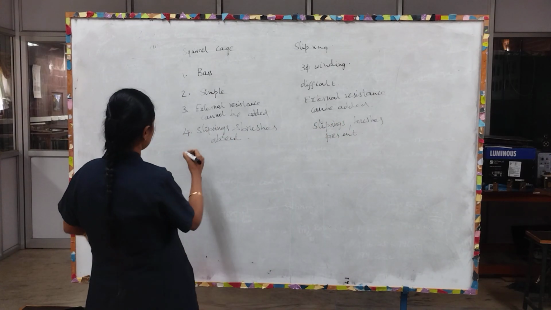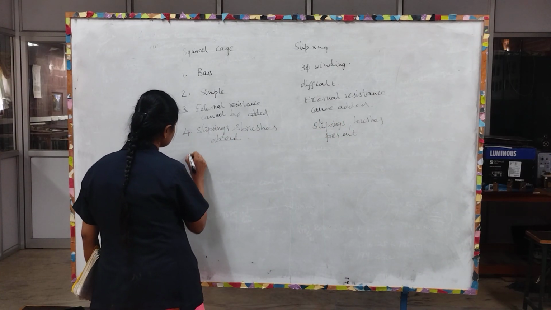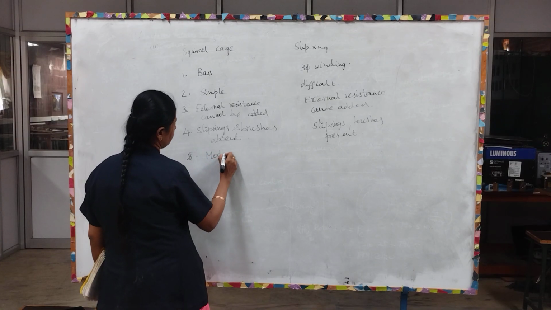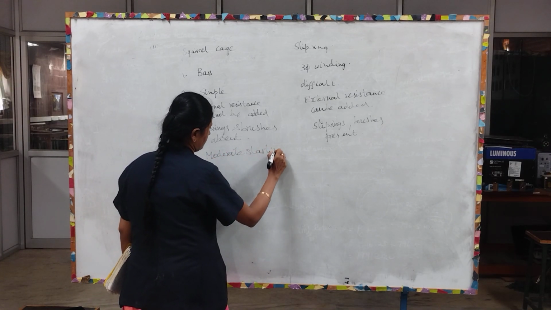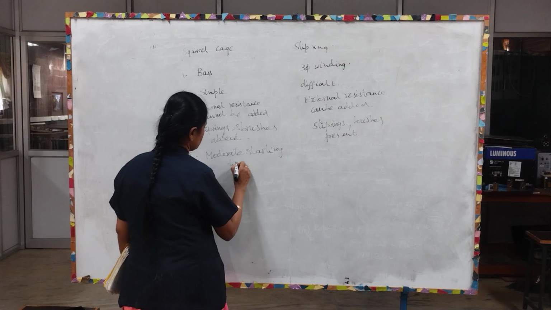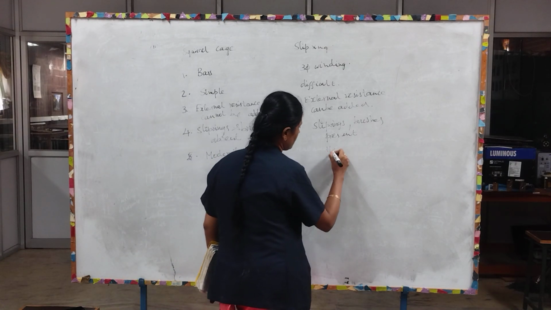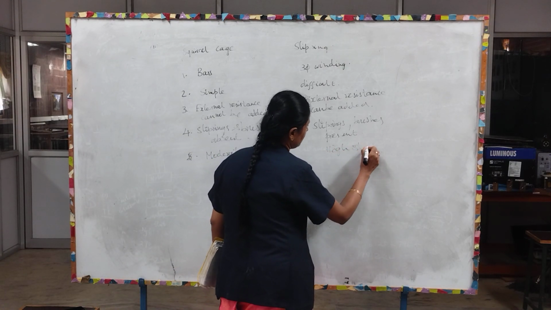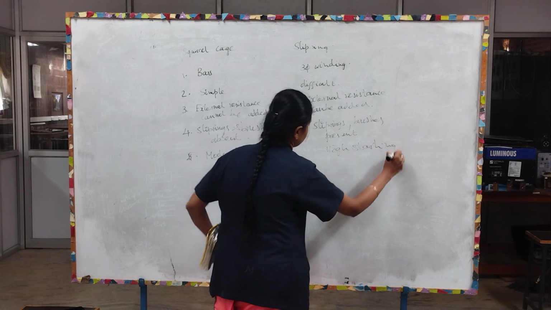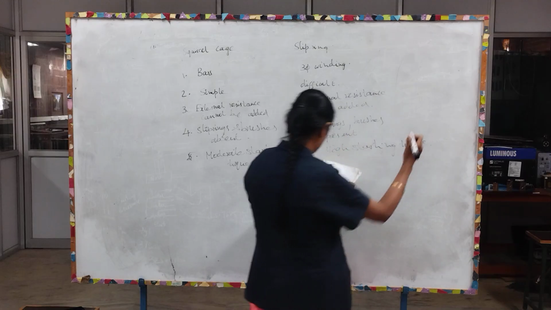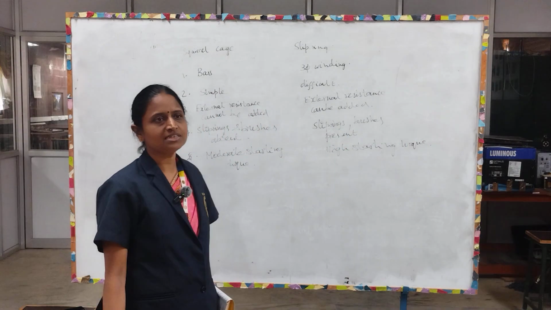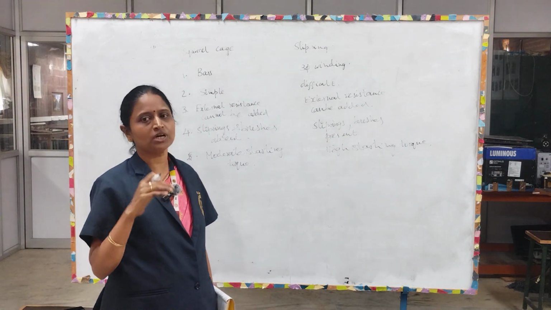In squirrel cage, moderate starting torque can be obtained, whereas in slip ring high starting torque can be obtained. Starting torque is mainly required to overcome inertia.